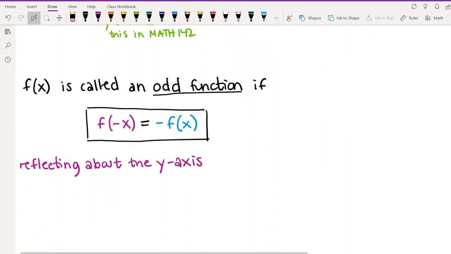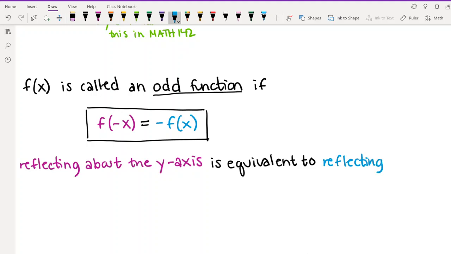I'll say it like this: it is equivalent to reflecting about the y or the x-axis. That's how we can interpret this equation above. f of negative x would mean reflecting about the y-axis, and then we're saying it's the same as reflecting about the x-axis.